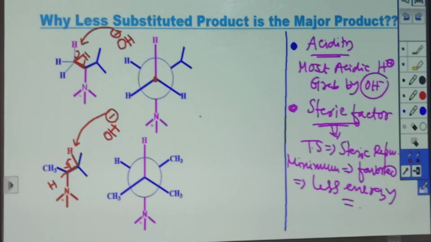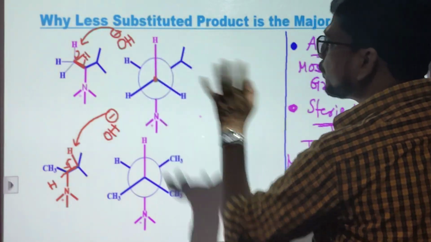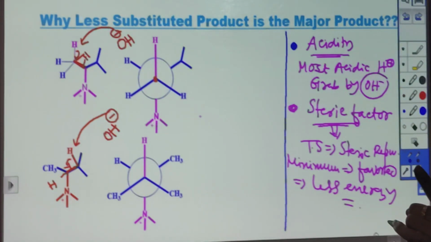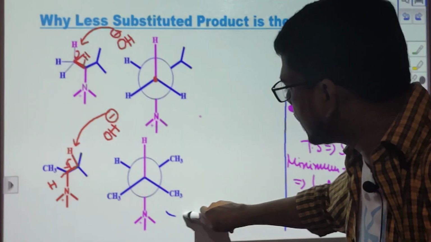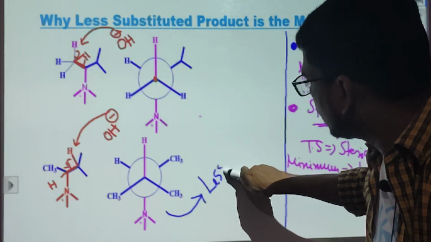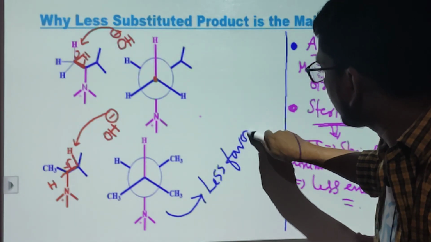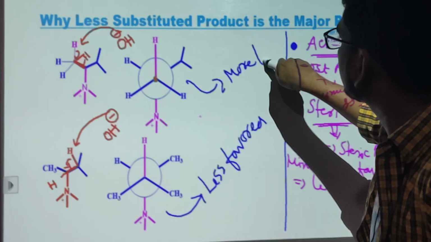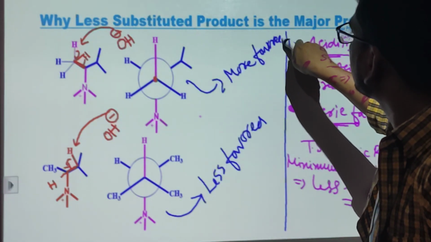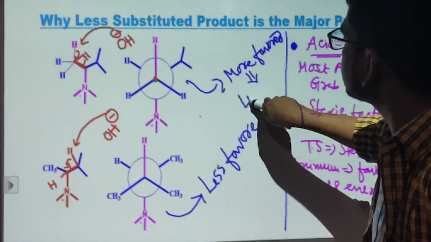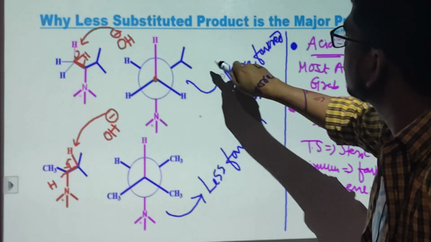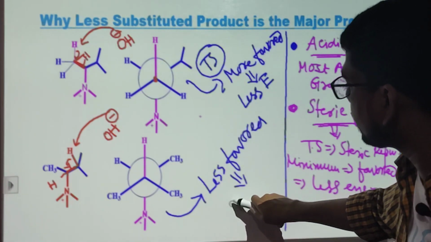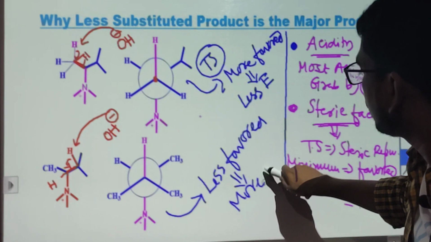Look at these two Newman projection formulas. Basically, this one is less favored and this one is more favored. Why? This has less energy in the transition state. And this transition state is less favored, meaning more energy.